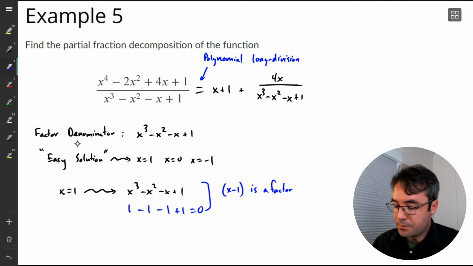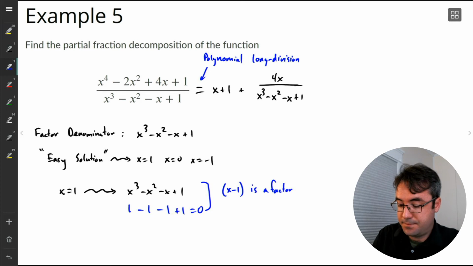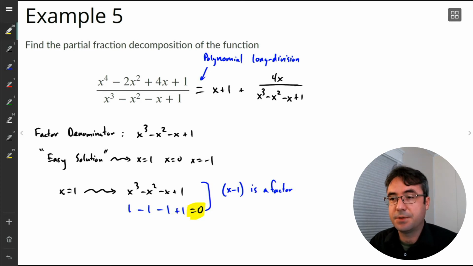So we want to factor our denominator. Nothing immediately clear jumps out, so we look for some easy solutions. Try x equals 1, try 0, try -1. Plug x equals 1 into the function you're trying to factor, and if you get 0, that means it's a factor. Everything equals 0 when we plug in that number, and that tells us we do have a factor.